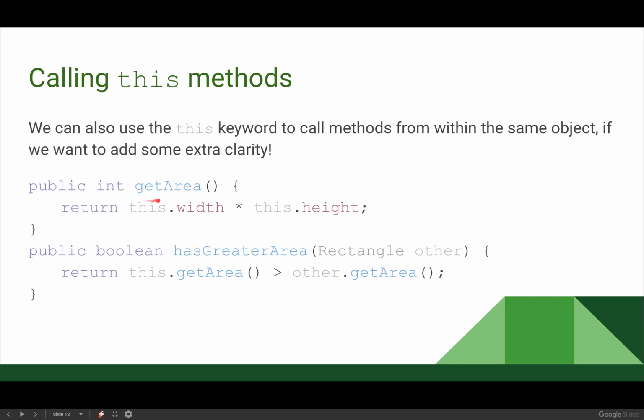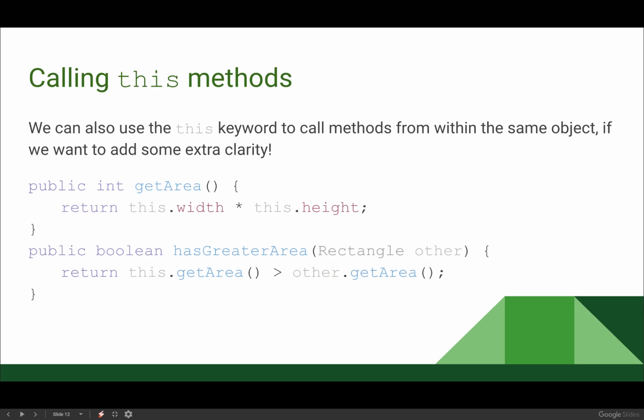So if I have a method called getArea and a method called hasGreaterArea, which takes another rectangle as a parameter, I can call the this.getArea and the other.getArea, compare them, and return whether one is greater than the other. Where within getArea we are calling this.width and this.height. We're accessing the instance variables.